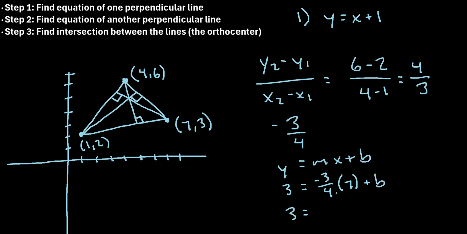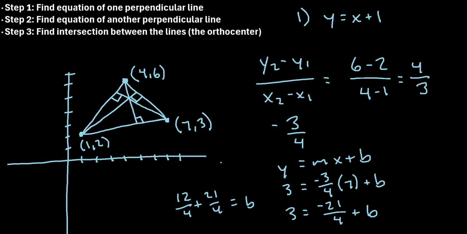So we have 3 is equal to negative 3 times 7, that's negative 21 over 4, plus b. Now we're going to want to add this negative 21 over 4 to each side. If we rewrite 3 as a fraction with 4 as the denominator, then that would be 12 over 4. So if we say 12 over 4 plus 21 over 4 is equal to b, 12 plus 21, that's 33.